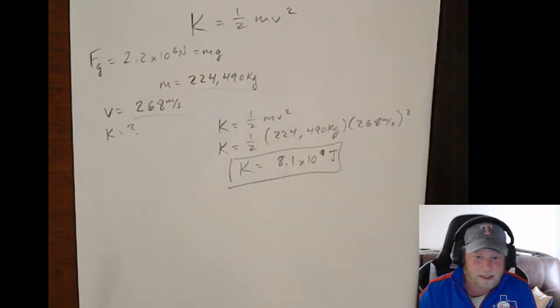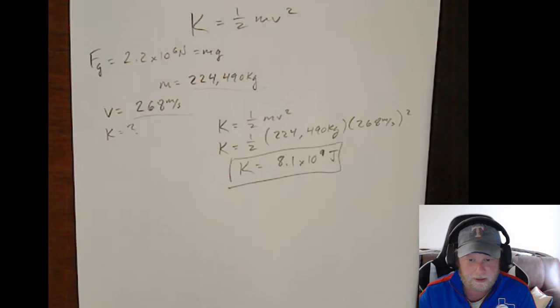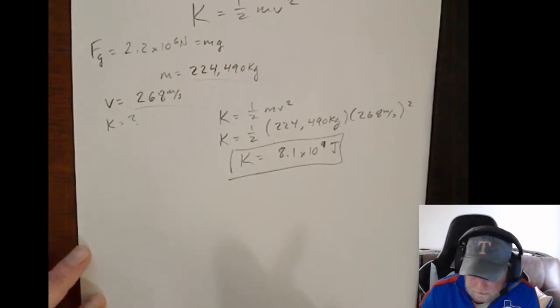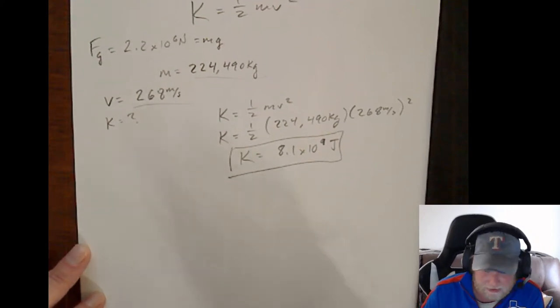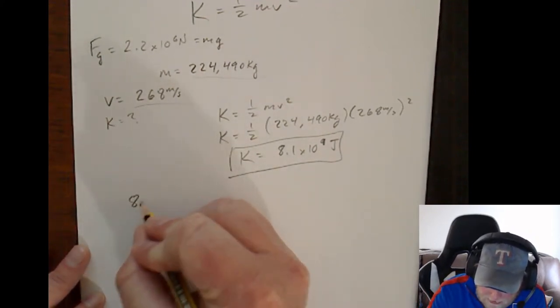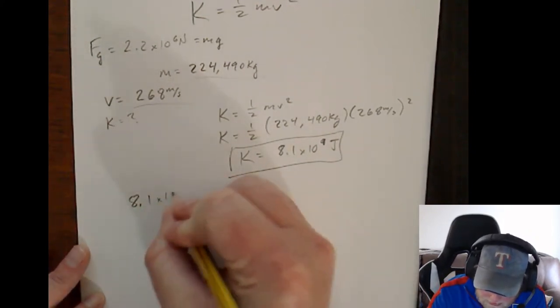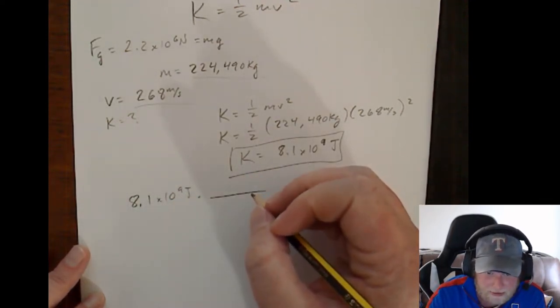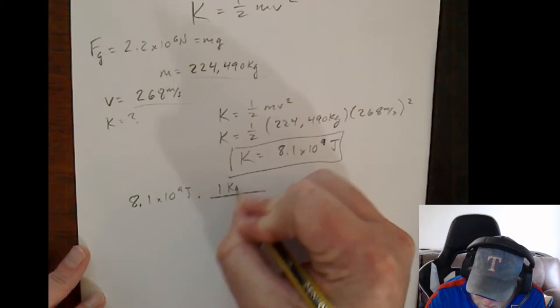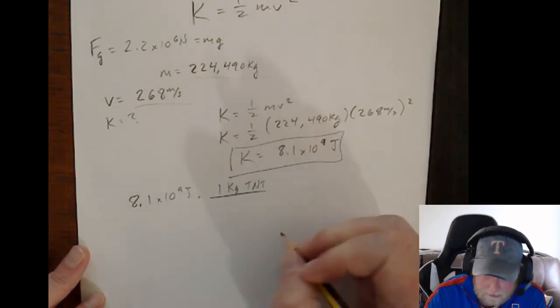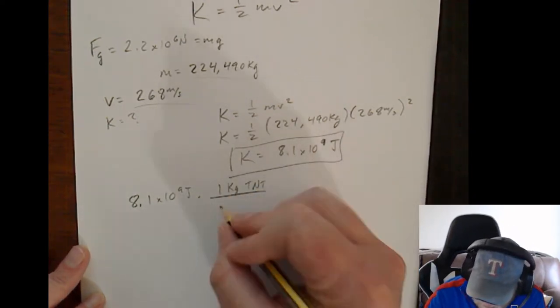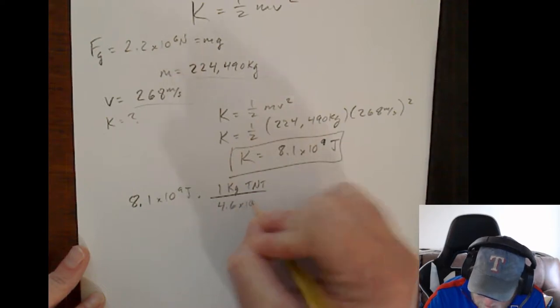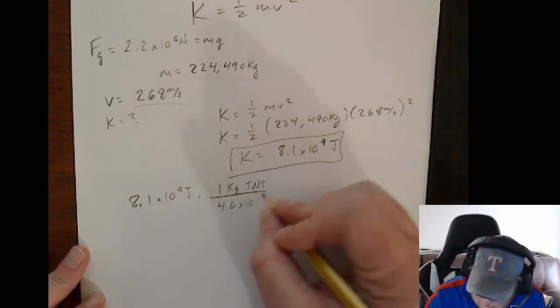Now they ask us if 1 kilogram of TNT yields 4.6 times 10 to the 6 joules, how much TNT is the plane's kinetic energy equivalent to? Well, this would just be a simple matter of dimensional analysis. So 8.1 times 10 to the 9th joules, and we know that 1 kilogram of TNT is equivalent to 4.6 times 10 to the 6 joules.